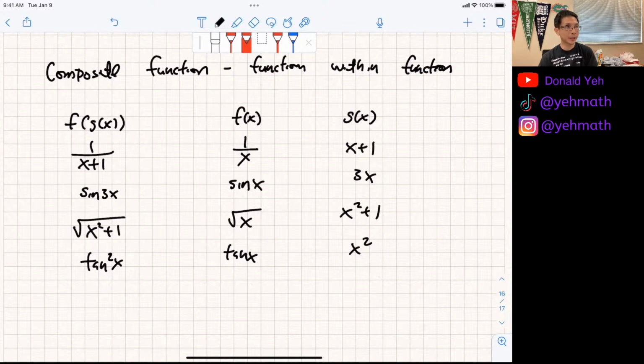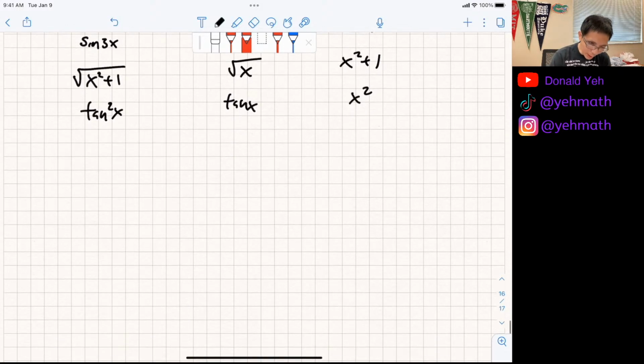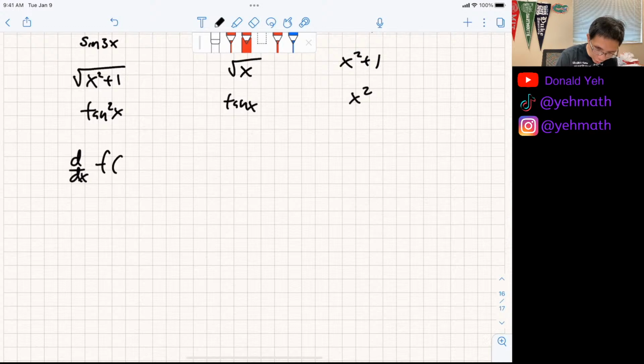Now, why do we need to worry about this? Because today, the chain rule is very focused on taking the derivative of a composite function. So if I want to take the derivative of a composite function, let's say d/dx of f of g of x, it's very simple. You have to understand there are two layers, an outer layer and an inner layer.